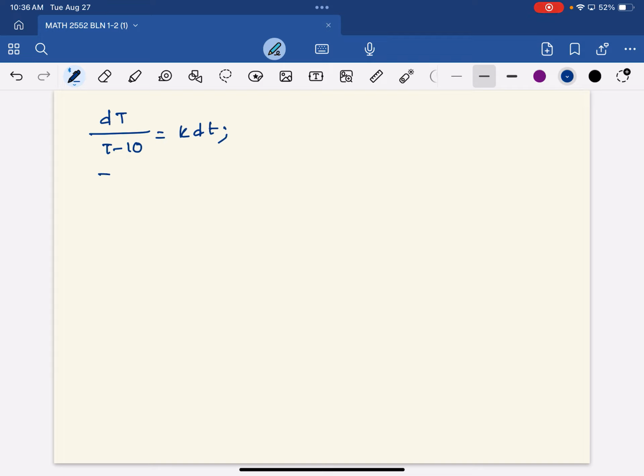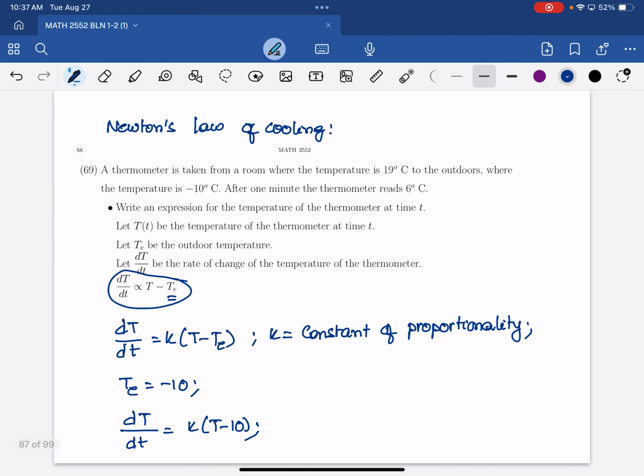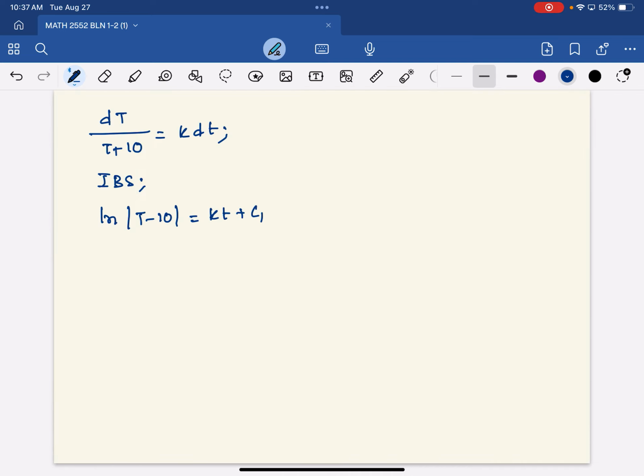Then you integrate both sides, and you get natural log of the absolute value of T plus 10 equals KT plus C1. It's plus 10, since the temperature is negative, right? Thank you. I'm sorry.